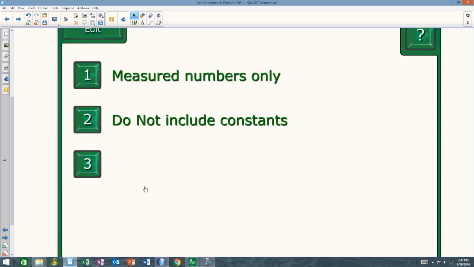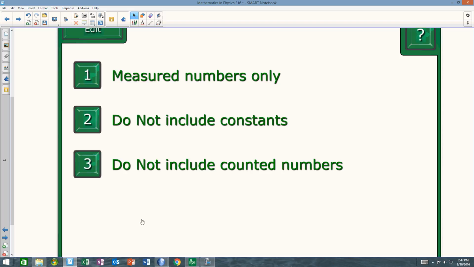What if I have a formula that has a 1/2 or a 2? That's a constant. Now what if I have counted numbers? In other words, I made the measurement 10 times or 20 times. You're not going to count that either. It's not actually a measured number that you have uncertainty with. You know for sure that you've counted 5 or 10 or 20 or even 50 times. So counted numbers also do not count towards significant digits.